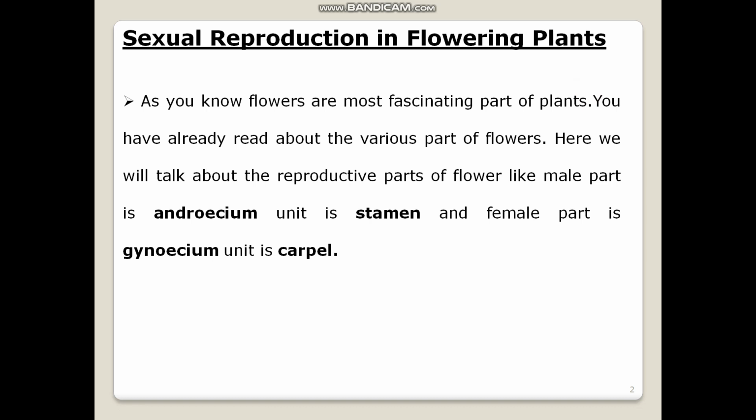You have already read about various parts of flowers. Here we will talk about the reproductive parts of the flower. Our focus is on the reproductive parts: the male part is the androecium, its unit is the stamen, and the female part is the gynoecium, its unit is the carpel.